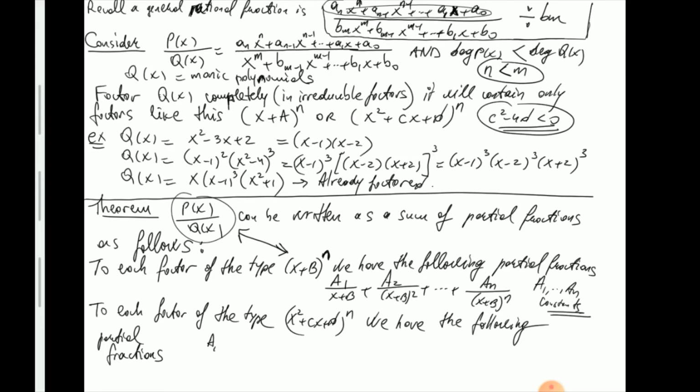A linear term on the top over x squared plus cx plus d, plus another linear term with different constants on the top over x squared plus cx plus d with multiplicity 2, all the way up to the nth term over x squared plus cx plus d to the power n.